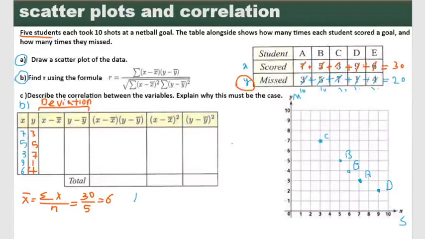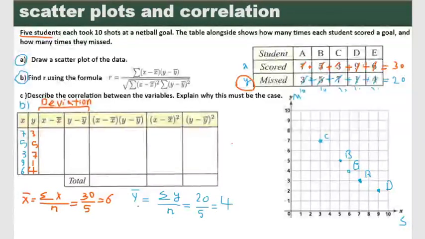So I write y bar, the mean of the dependent values, which is the sum of all y over n, which is 20 over 5, which is 4.